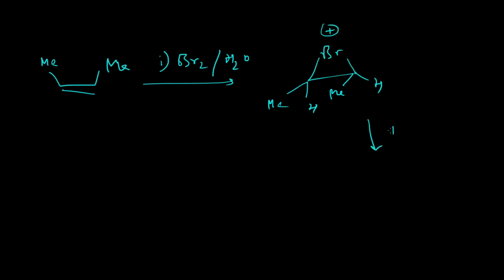And then nucleophilic attack by the oxygen atom of the water molecule will lead to the formation of the bromohydrin. Here the water molecule can attack this carbon center also, so I am considering only one stereoisomer.